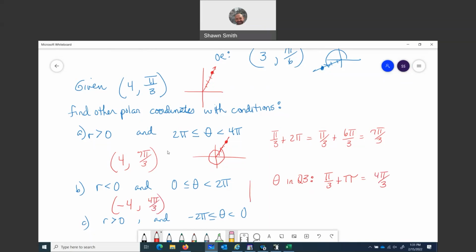Again, you can check that. 4 pi over 3. There's pi, 3 pi over 3. One more pi over 3, we're right here. But my angle is in quadrant 3, and my r is negative, which still puts me back in quadrant 1. It's not really a quadrant, it's just that you mesh the two systems together. You can see them there.